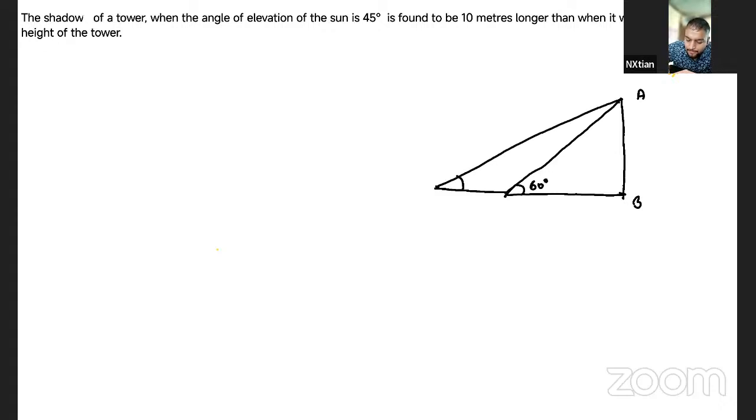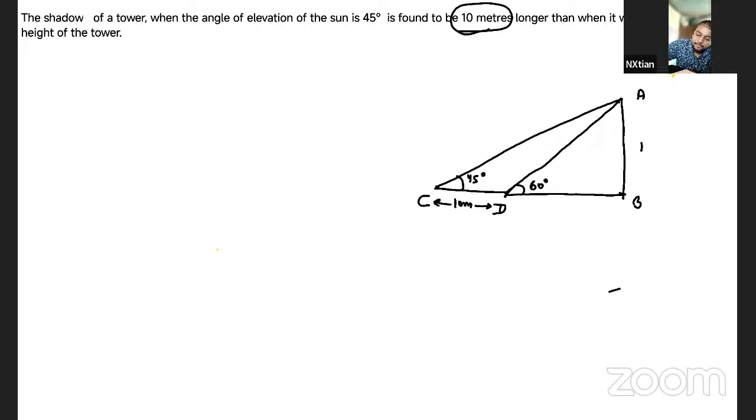First is 60 degrees and the second is 45 degrees. So I'll name this as C and this as D. And it is given that it is 10 meters longer. The angle is created. So it means that this is 10 meters longer. Understood, guys? Yes or no?